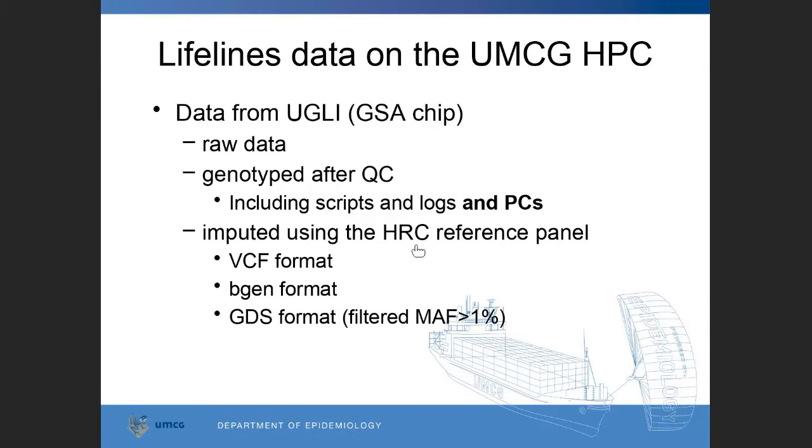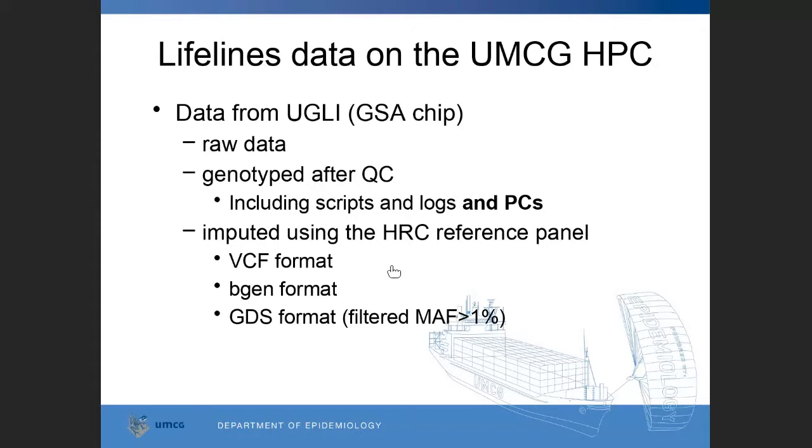Then these data have also been imputed against the Haplotype Reference Consortium reference panel. So the size of the data was increased to about 40 million SNPs, as I said. The imputation will give you back VCF files, variant calling format data, and I will show you what this looks like later.